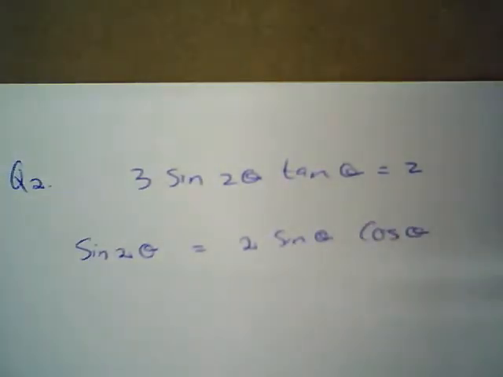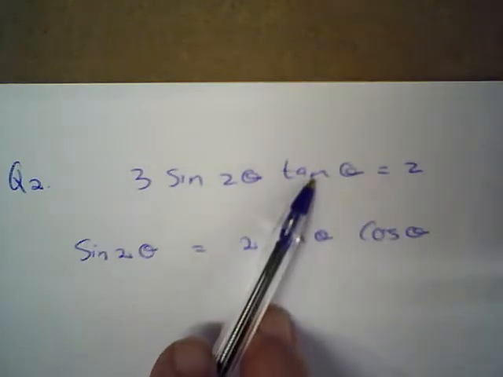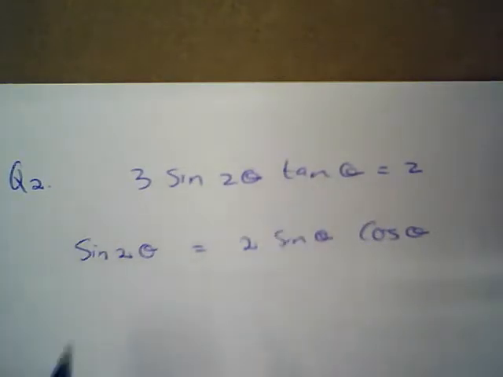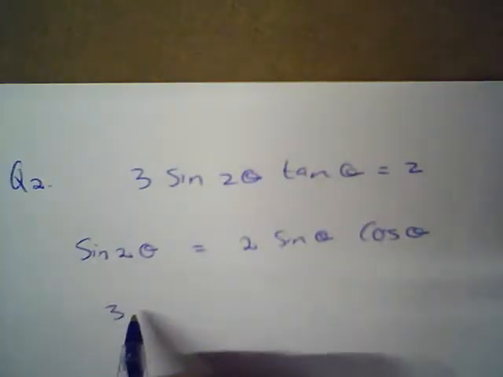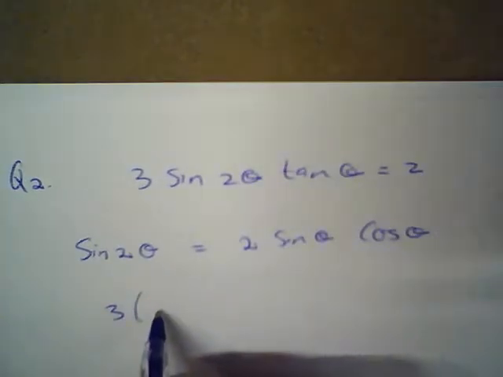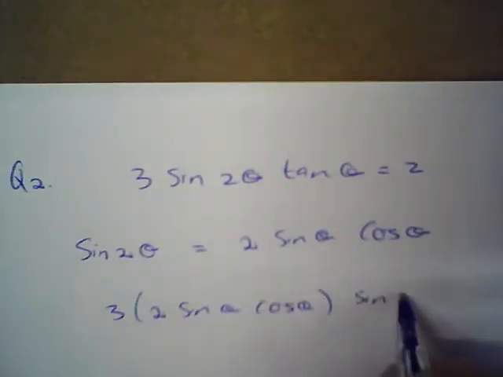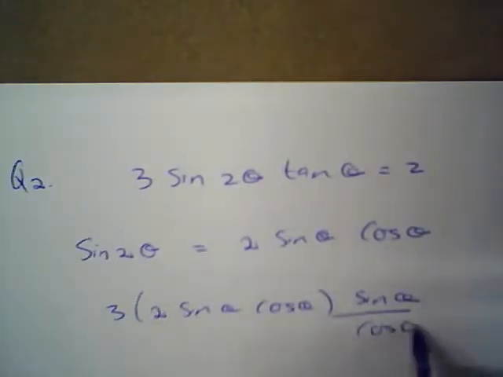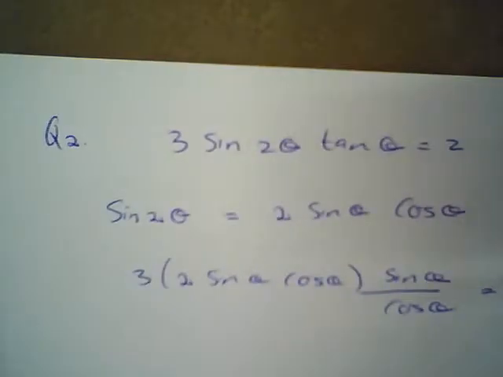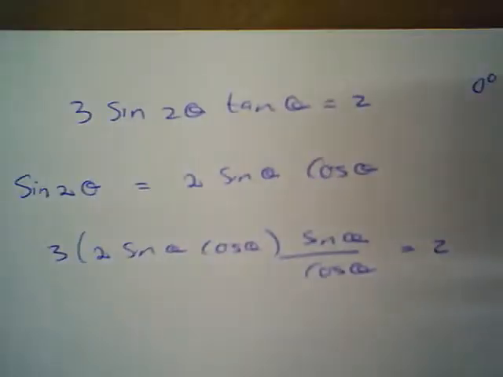That will already make the thing a little bit easier, and we know that tan is sine over cosine. So let's rewrite it: 3 times 2 sine theta cosine theta times tan, which is sine theta over cosine theta, equals 2. Okay, now it seems like we're going to go someplace that we like.